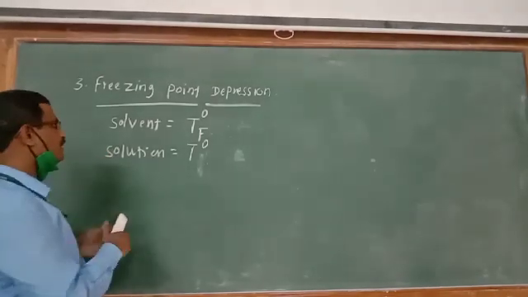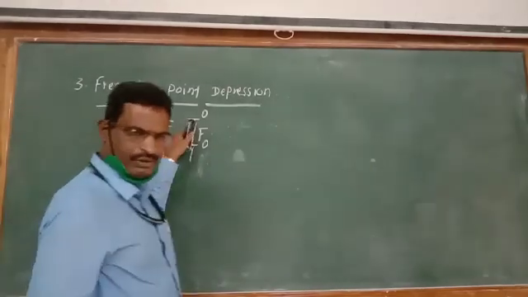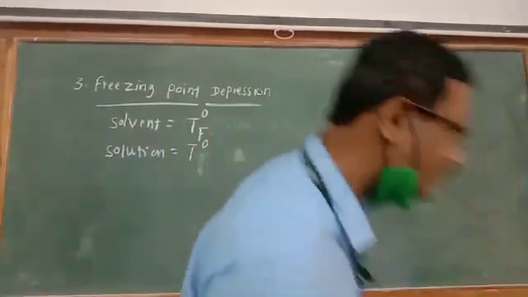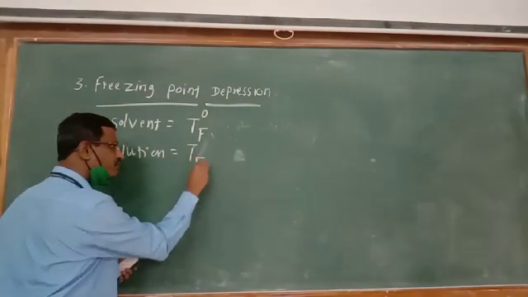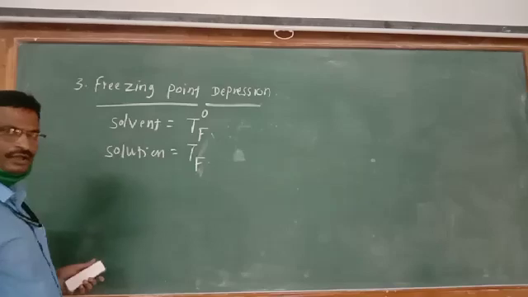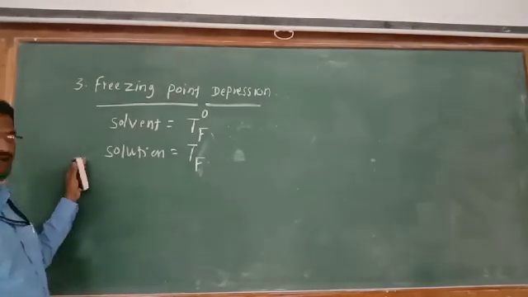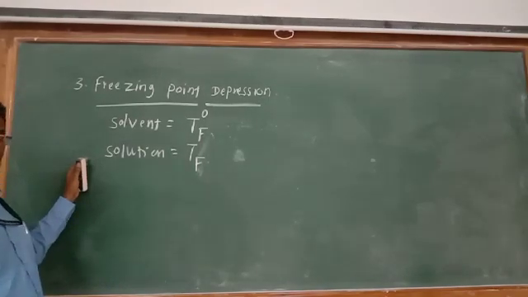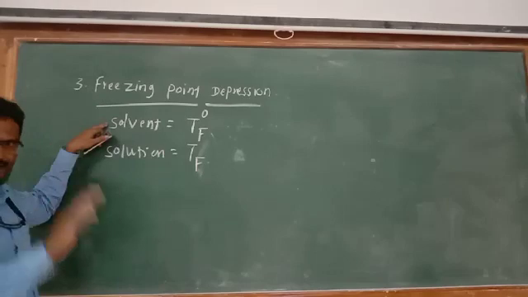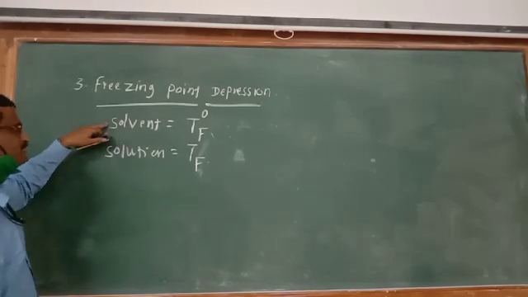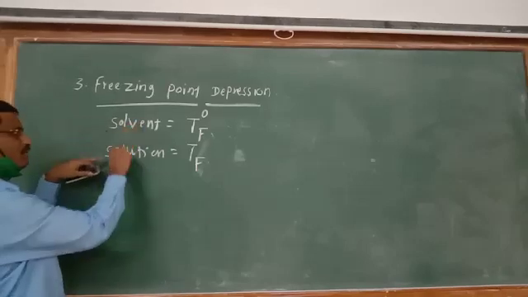Let us consider T0F as the freezing point of pure solvent and TF as the freezing point of solution. Here we have studied that depression of freezing point takes place, which means that when solute is added to the solvent, the freezing point of the solvent decreases. As it decreases, we have to take the difference as solvent minus solution.